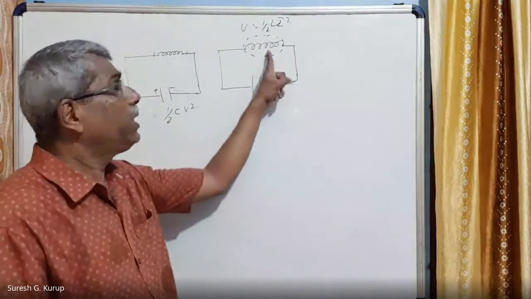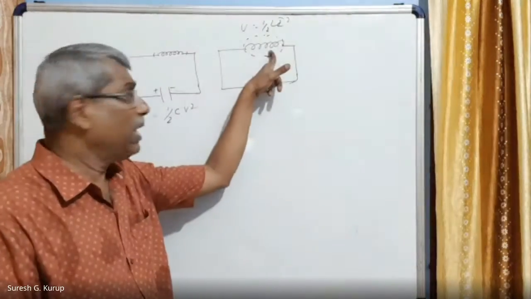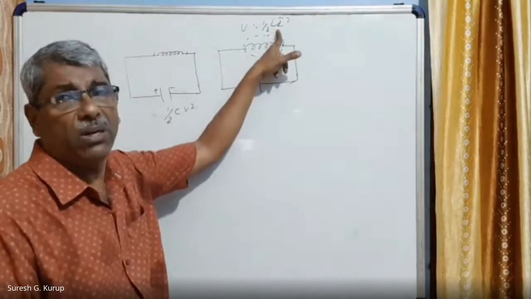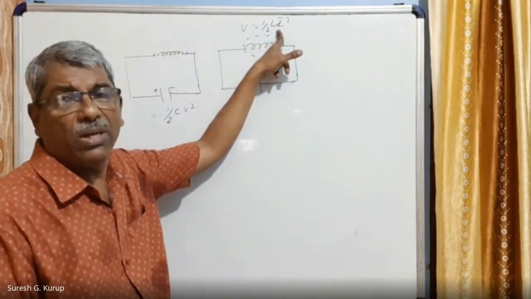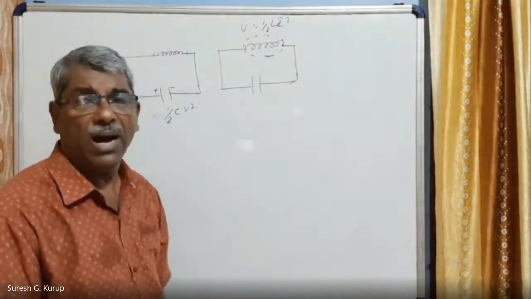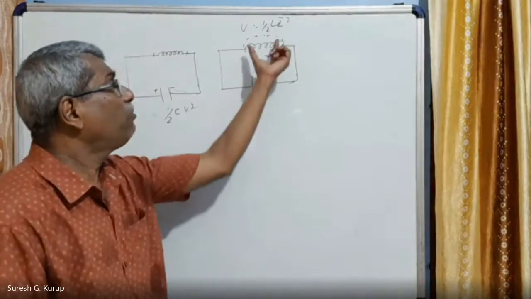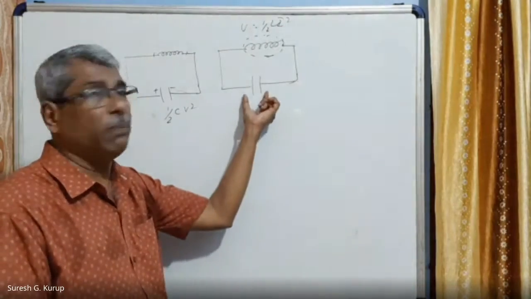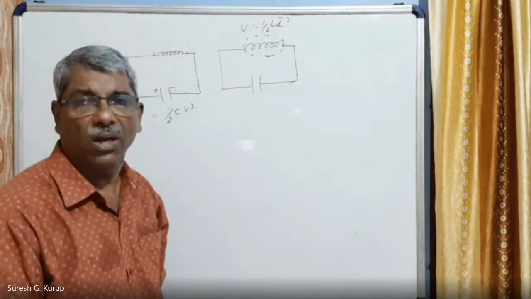Now the current through the inductor is maximum. That means the electrostatic energy is converted into magnetostatic energy. So the magnetic energy inside a coil is given by half Li². When the magnetic flux is maximum or the energy is maximum, the capacitor is fully discharged.